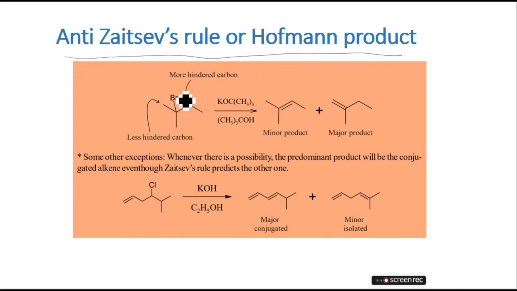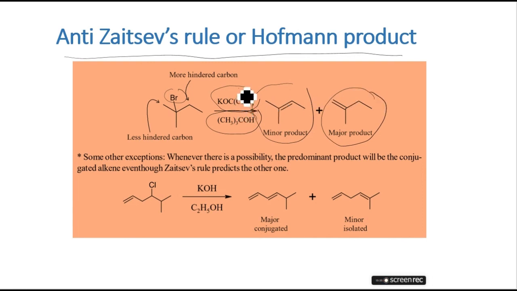There are also some other exceptional cases when the anti-Zaitsev rule is followed or the Hofmann product is formed. These are the cases when the leaving group is bromo and we are using a hindered base, potassium tert-butoxide, in the presence of solvent. Then the more substituted product is the minor and the less substituted is the major.